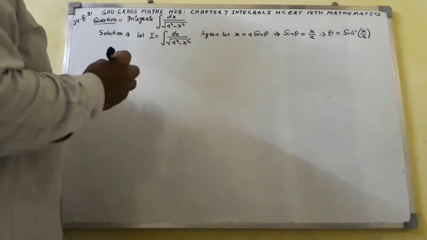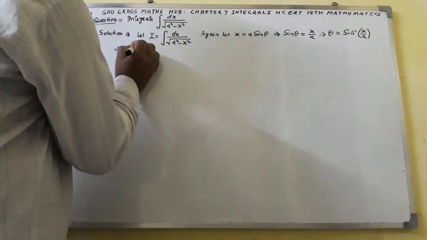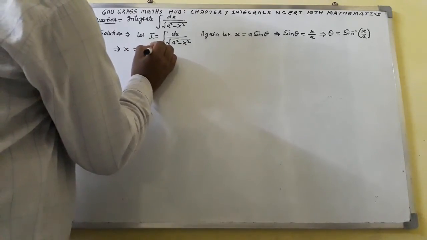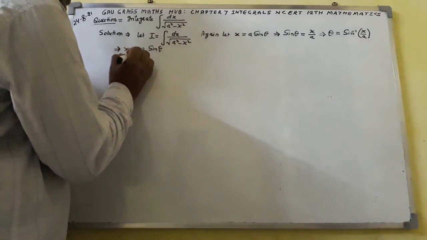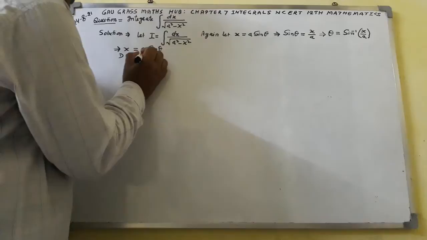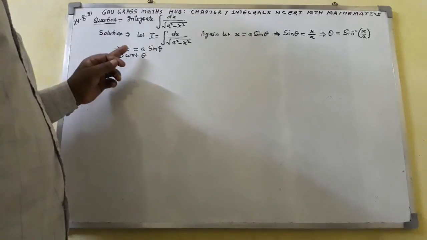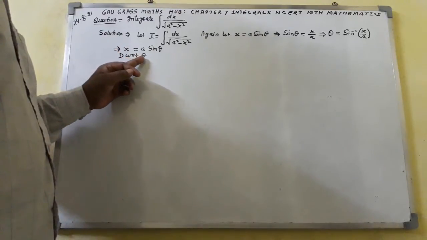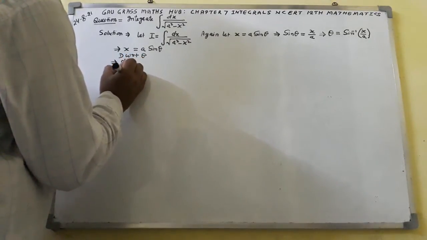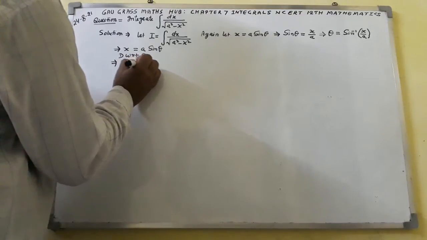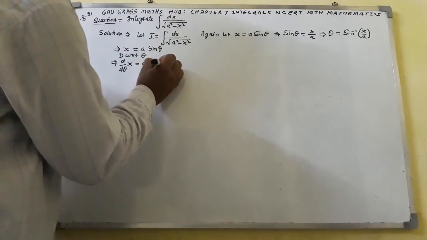Now again, x equals a sin theta. Differentiating with respect to theta: differentiating the function x with respect to theta comes out to be d over d theta of x equals a dot d over d theta of sin theta.